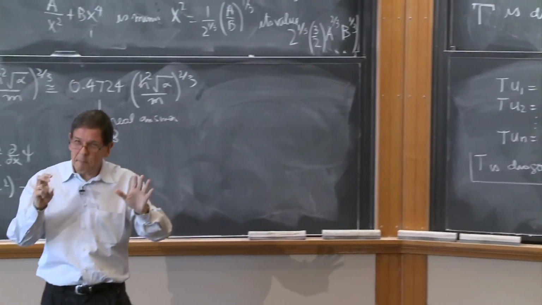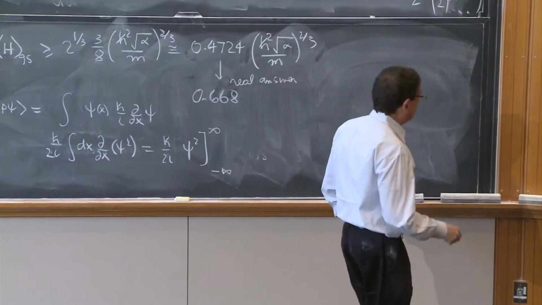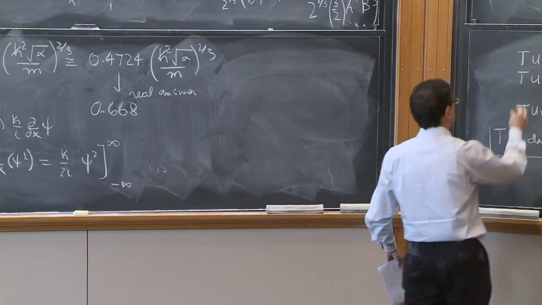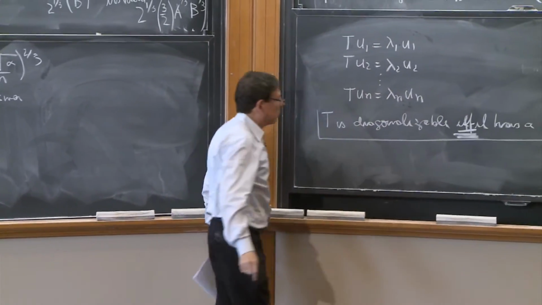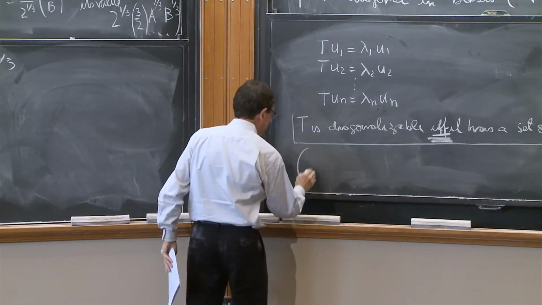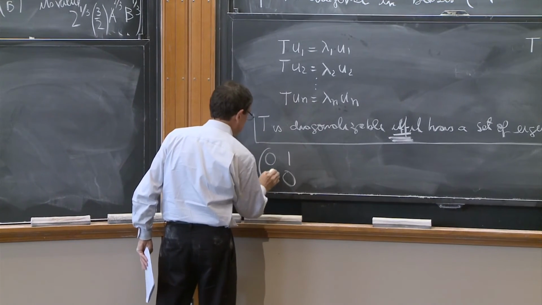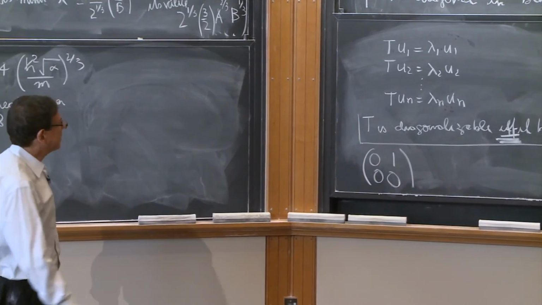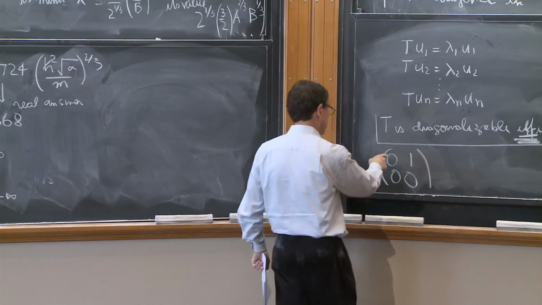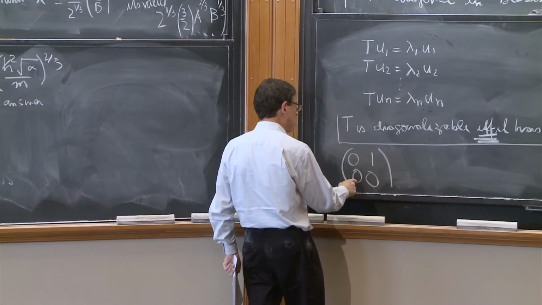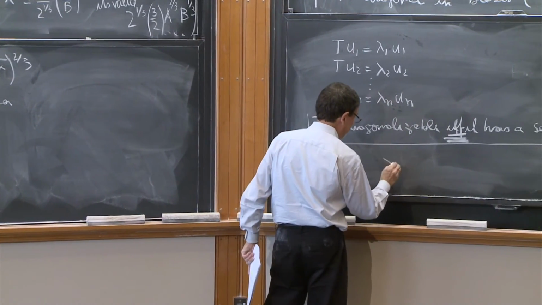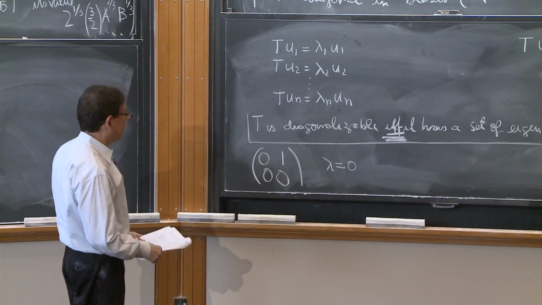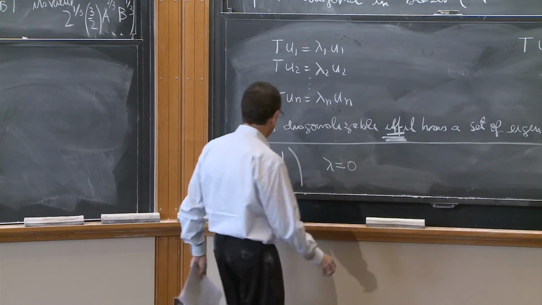So a simple statement, but an important one, because there are examples of matrices that immediately you know you're never going to succeed to diagonalize. So here is one matrix, 0, 0, 1, 0. This matrix has eigenvalues. You do the characteristic equation, lambda squared equals 0. So the only eigenvalue is lambda equals 0. And let's see how many eigenvectors you would have for lambda equals 0.